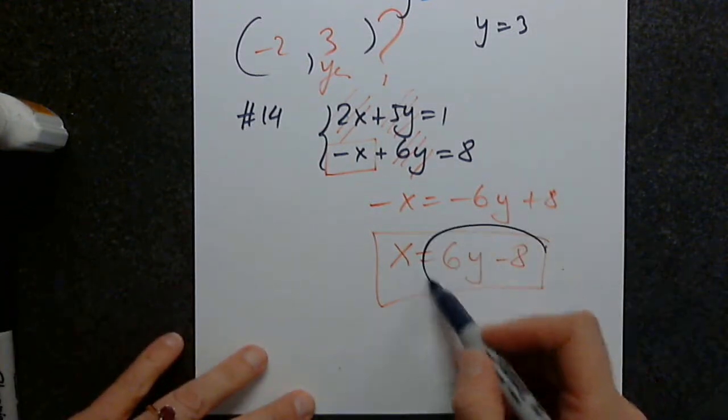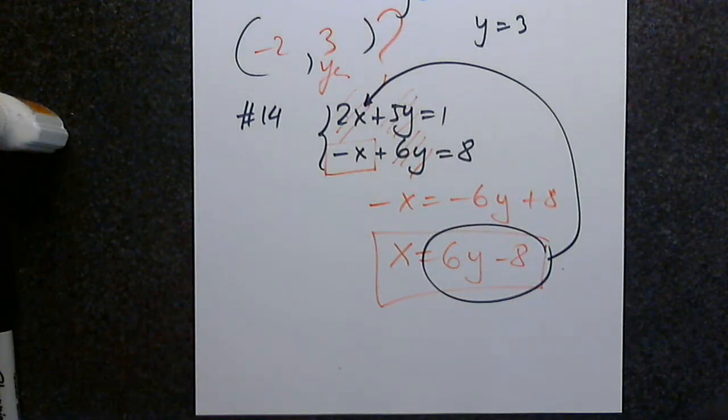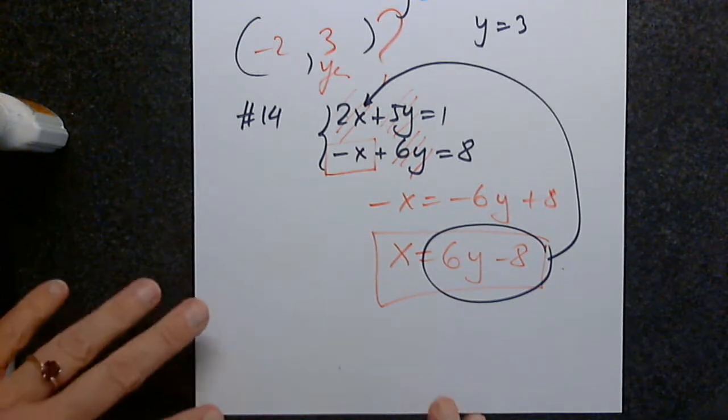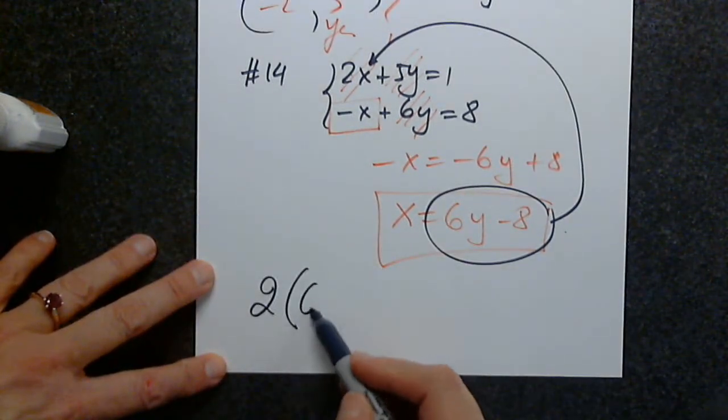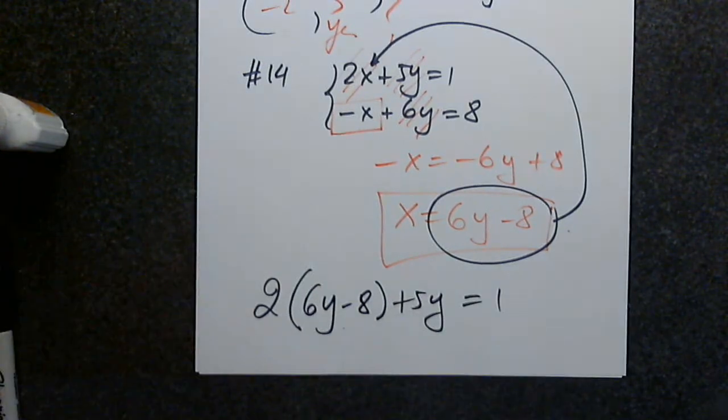So I will go back to the first equation and replace x by 6y minus 8. So 2 parentheses 6y minus 8 plus 5y equals 1.